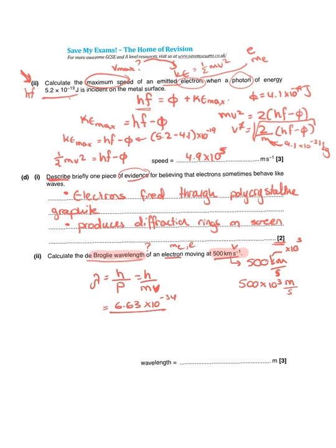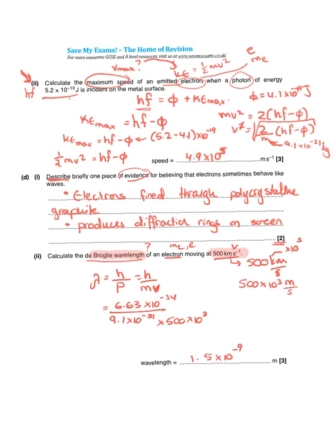The mass of an electron is also given in the formula booklet. And the velocity of the electron, moving in meters per second, is this. Once I put the numbers in, I will get 1.5 times 10 to the minus 9 meters.